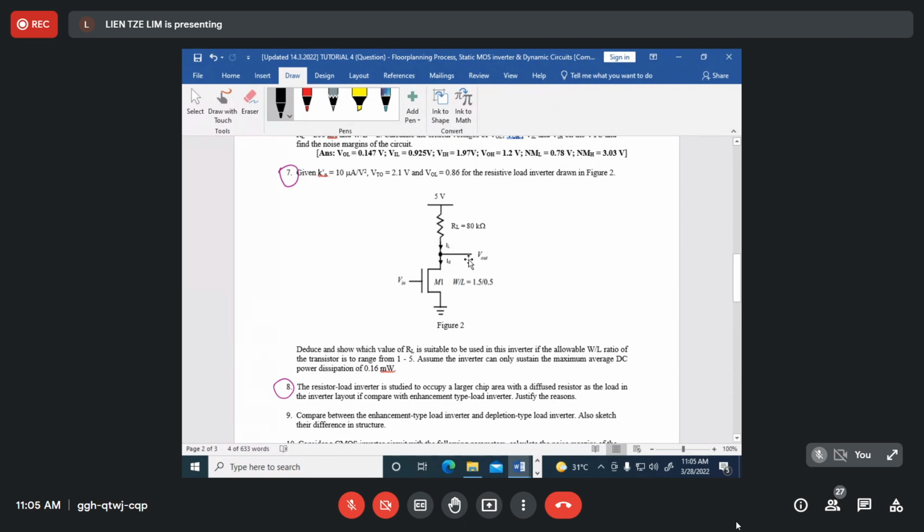This is a resistive load inverter. Deduce and show which values of RL are suitable to be used in this inverter if the allowable width over length ratio of the transistor ranges from 1 to 5. Assume the inverter can only sustain the maximum average DC power dissipation of 0.16 milliwatt.